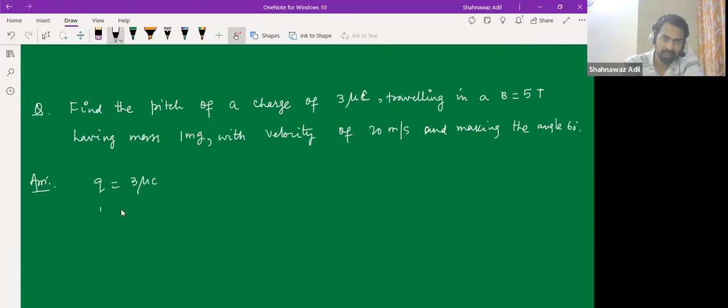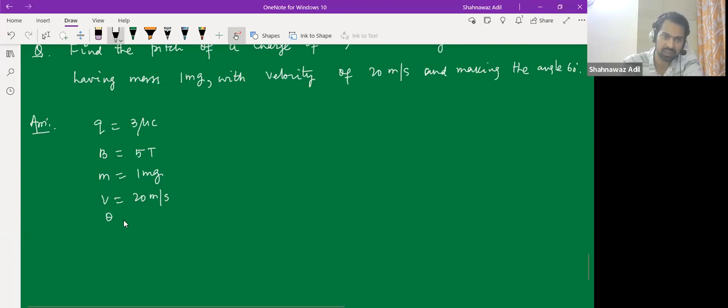You have magnetic field, which is 5 Tesla. You have mass, which is 1 milligram. You have velocity magnitude, which is 20 meter per second. And then you have theta, which is 60. So you have all these things. You guys calculate and tell me what is pitch.